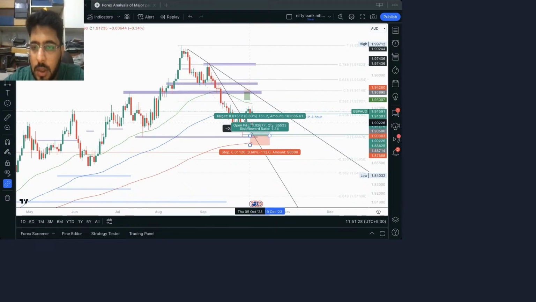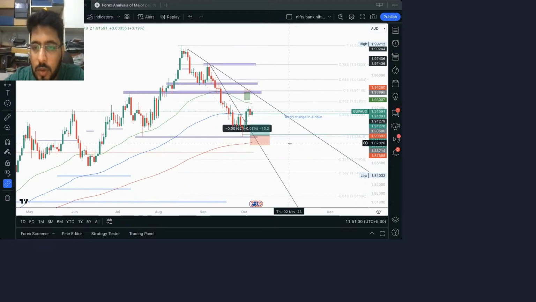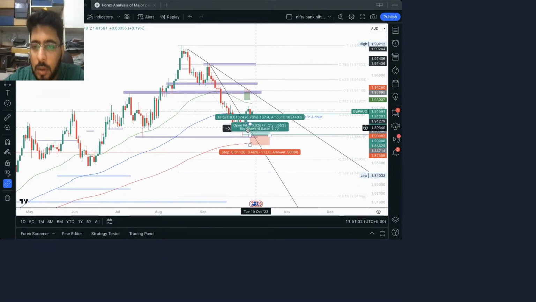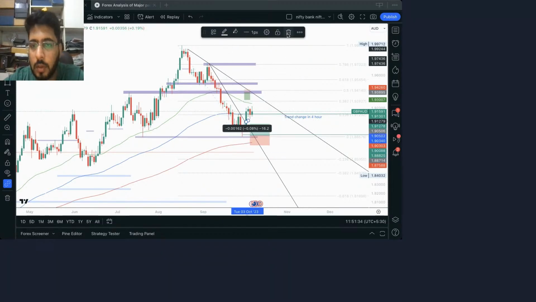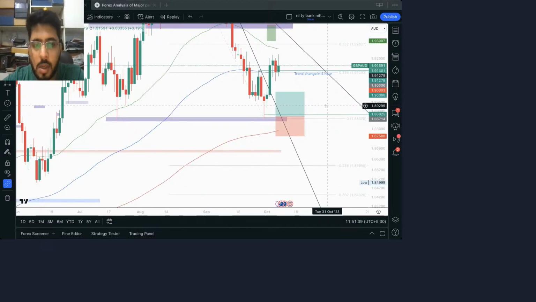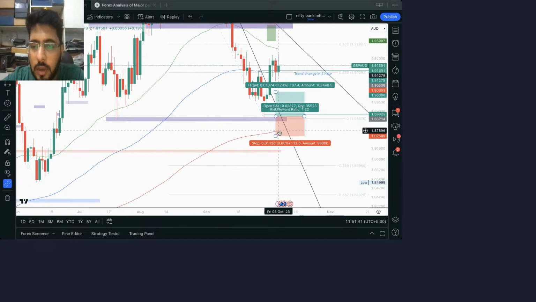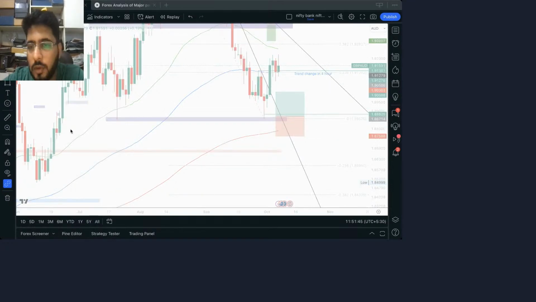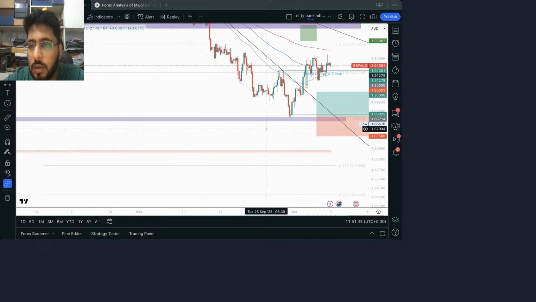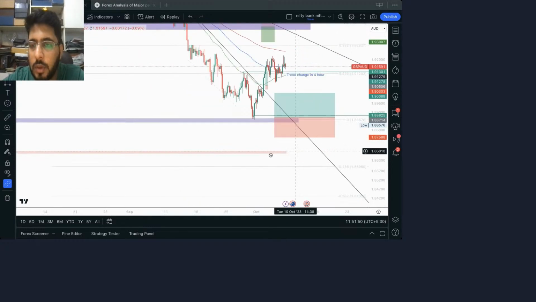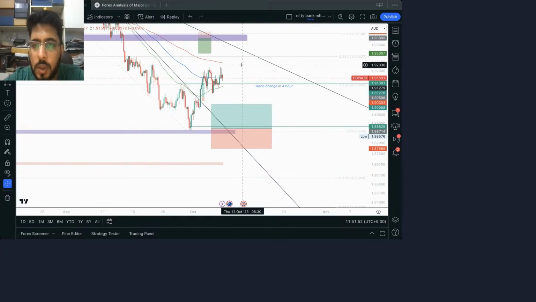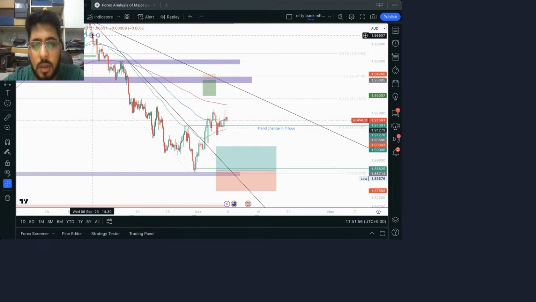I'll see the timing at GC because the 200 EMA is very close on a 4-hour time frame. Do we have something over there? So yeah, on a 4-hour time frame, we can see the reversal of the trend.